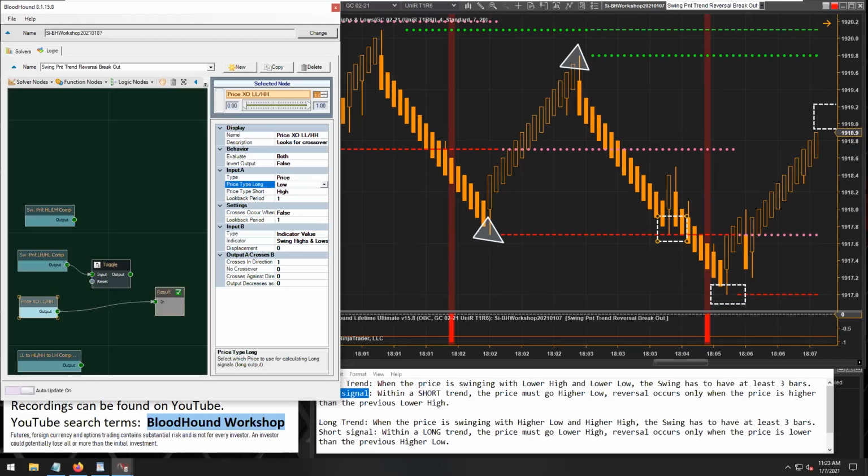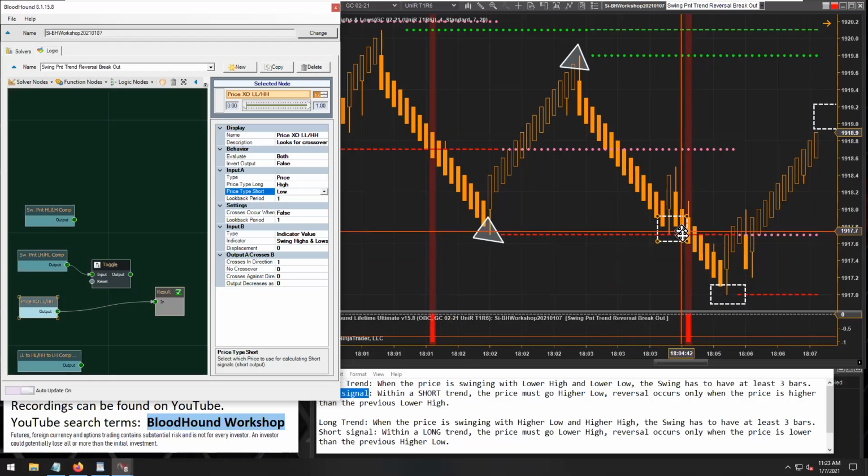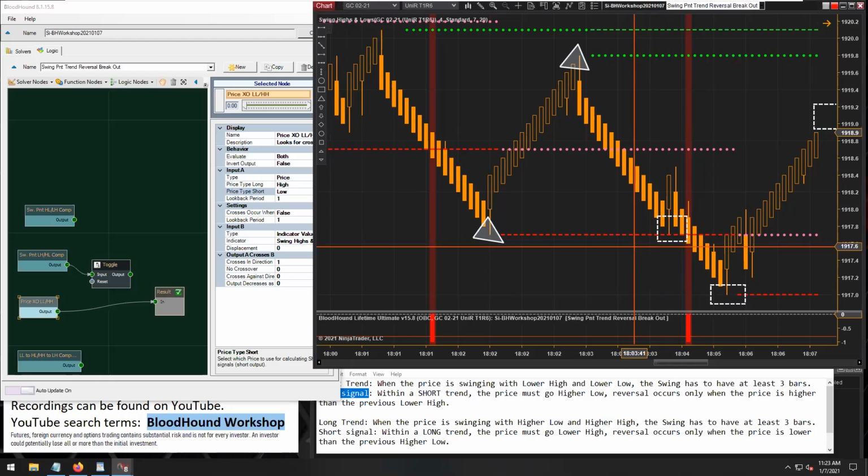All right, I'm going to reverse my prices here. So we're going to generate a short output if the low crosses that plot.